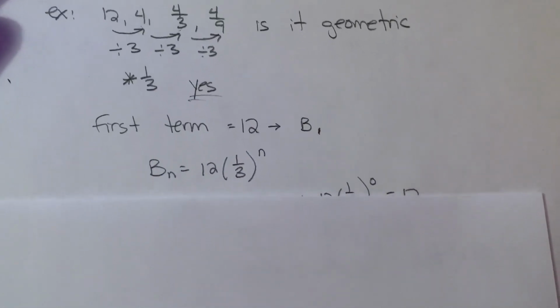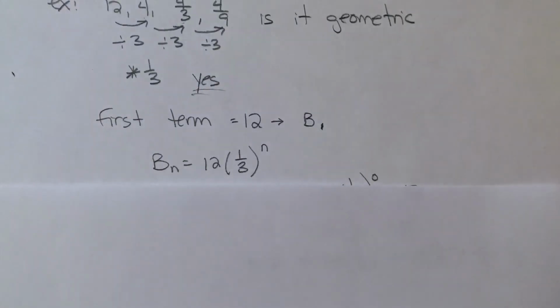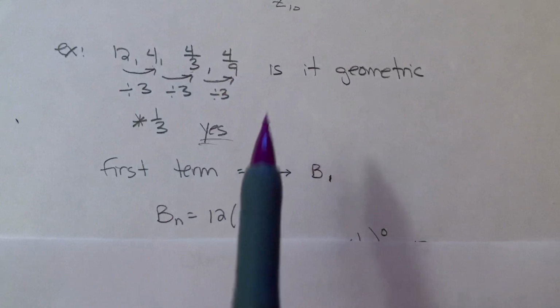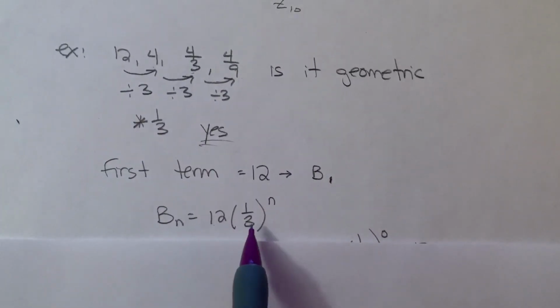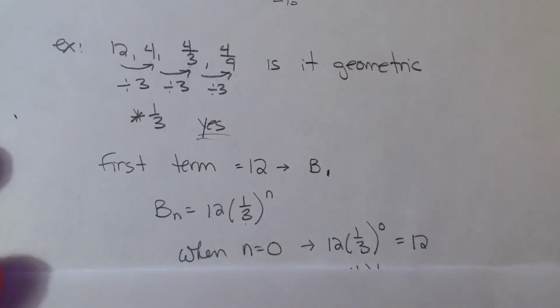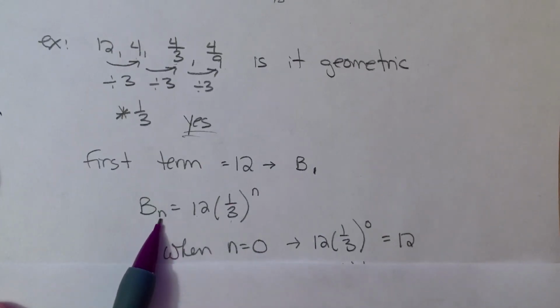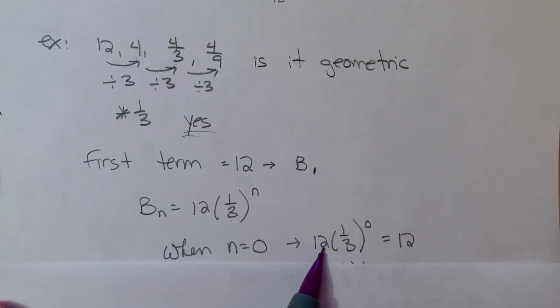The other thing they might do is give you a geometric sequence and ask you to write the equation. For this one, I would say my first term is 12 and I'm multiplying by 1/3 every time. Geometrics generally start at n equals 0. So if n equals 0, I'm going to substitute a 0 in here for n. I would get 12 times 1/3 to the 0, which is 12.